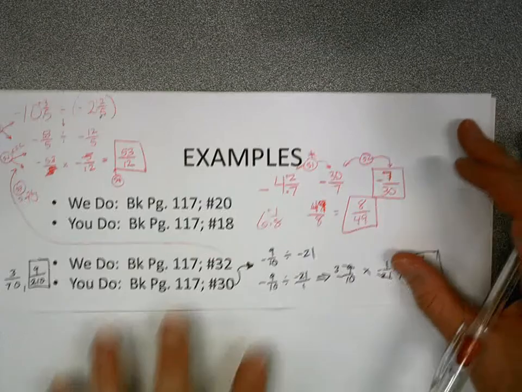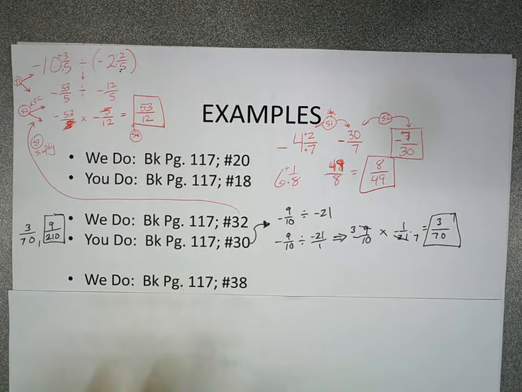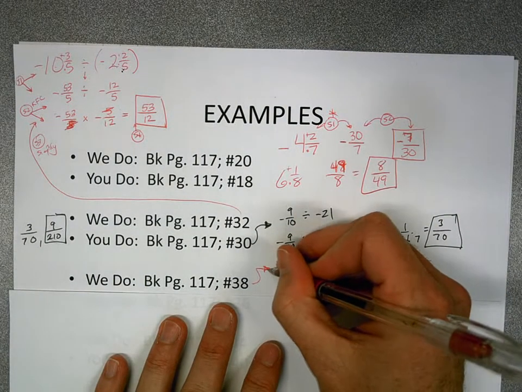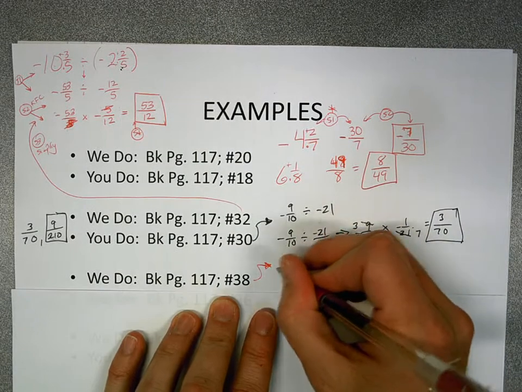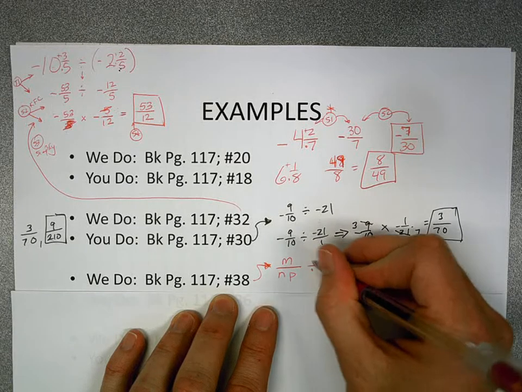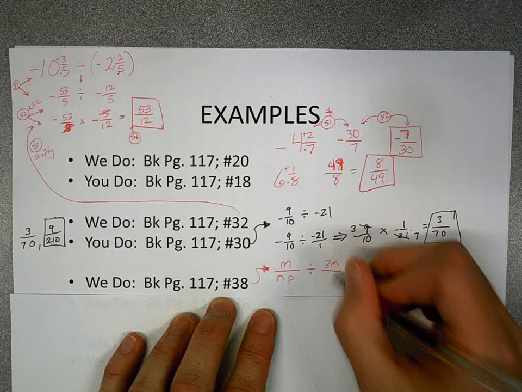Here we go. Let's take a look at problem 38. Now we're getting into the nice advanced stuff, the nitty-gritty. It's m over np divided by 3m over 2p.